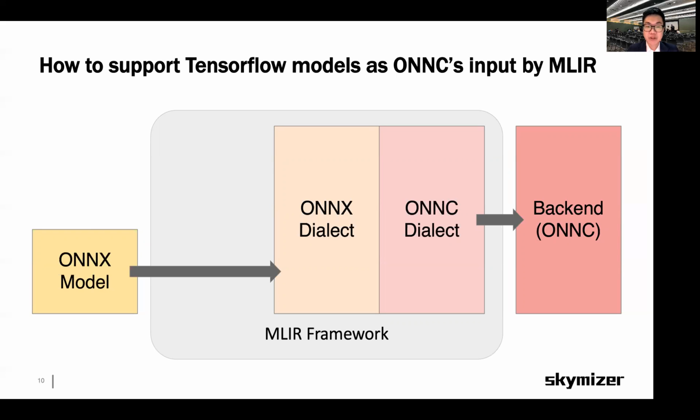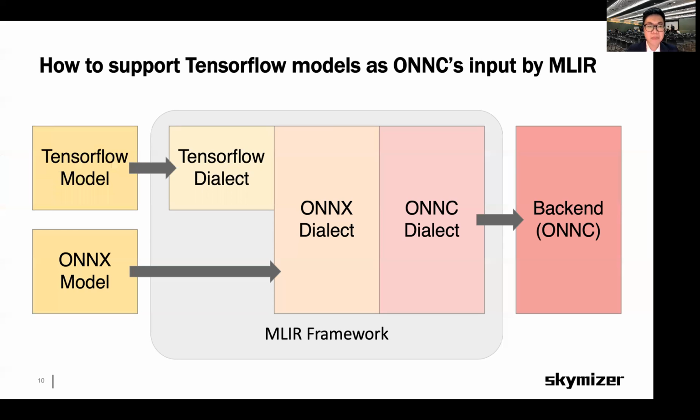But in the next version, we wanted to support a TensorFlow model. What we have done is implement the TensorFlow dialect, and also implement the lowering between the TensorFlow dialect and the ONNC dialect. By doing so, we not only support ONNX models, but also support TensorFlow models.